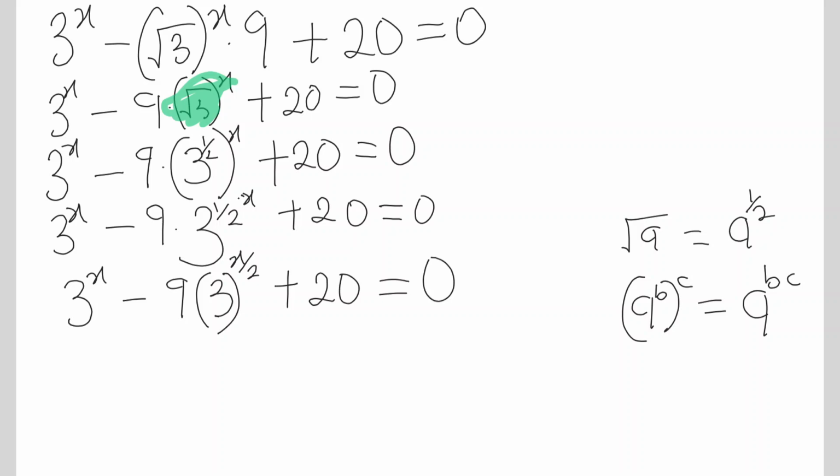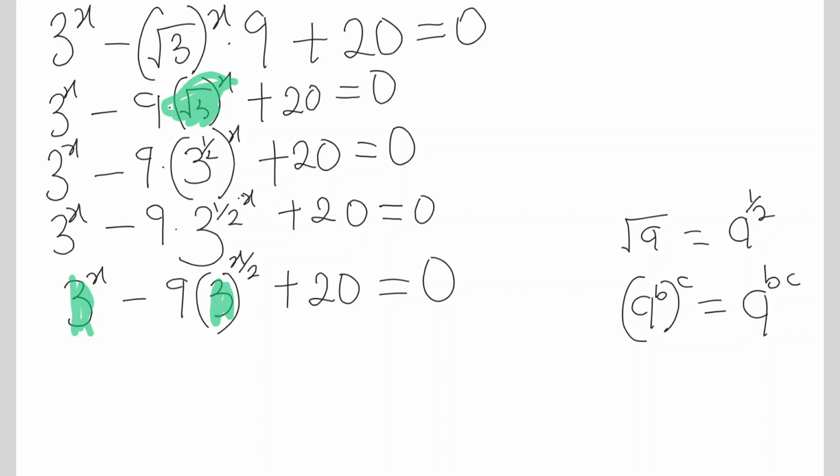Now, when we have a situation like this, we need to be very, very watchful. There is a relationship between 3 here and also 3 here. So when you have a situation like this, 3 and 3, they have a relationship. Then we need to check the power.